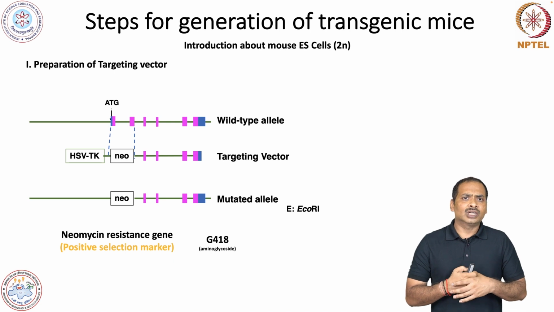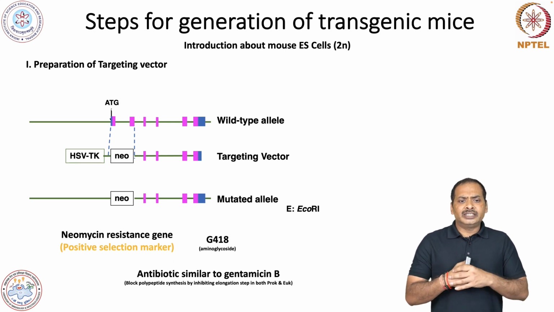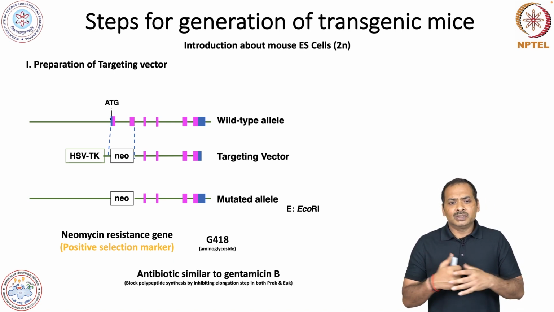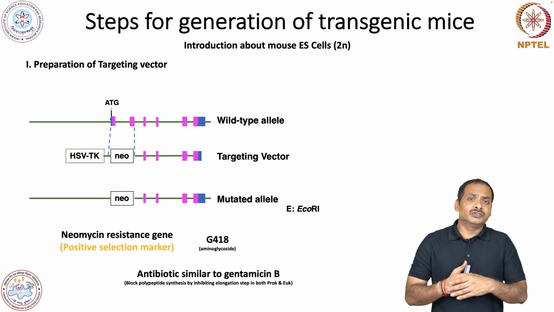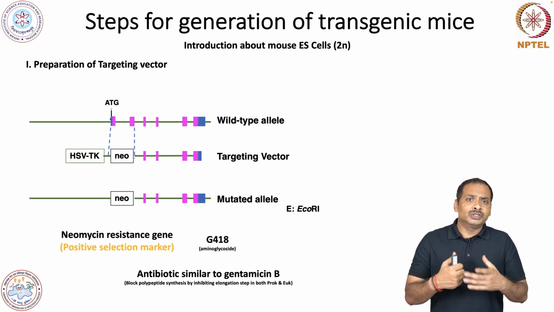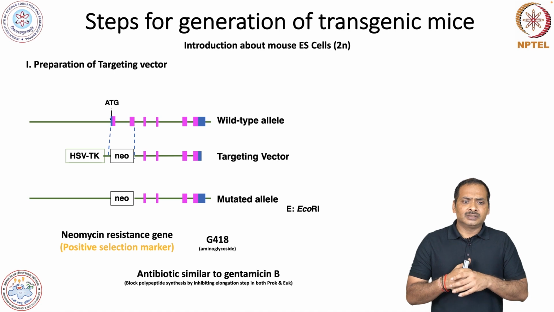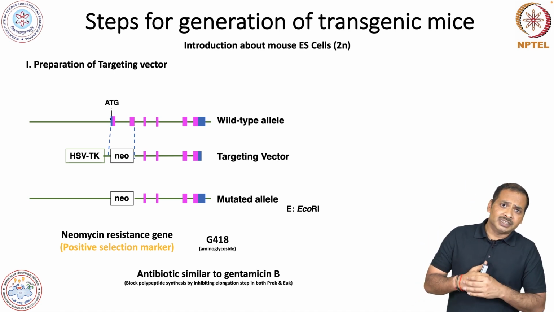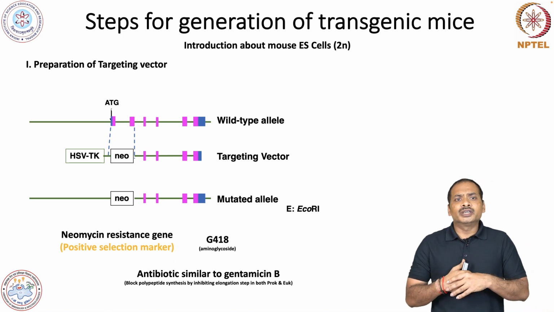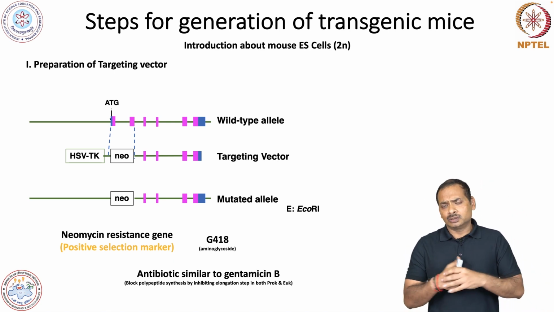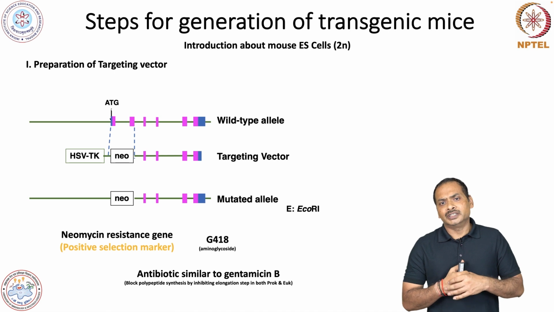This drug is an antibiotic similar to gentamicin, which you might have used if you are a researcher. It basically blocks polypeptide synthesis by inhibiting the elongation step in both prokaryotes as well as eukaryotes.